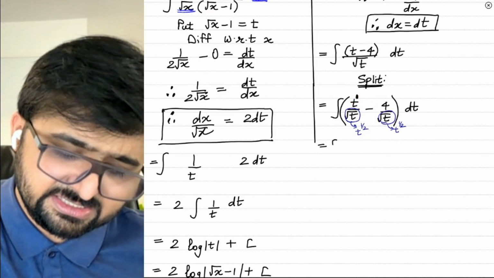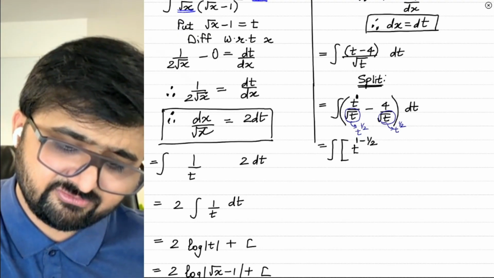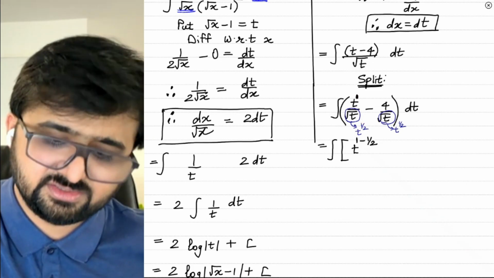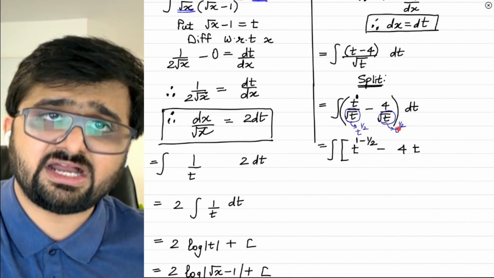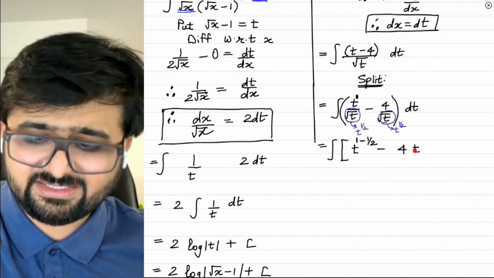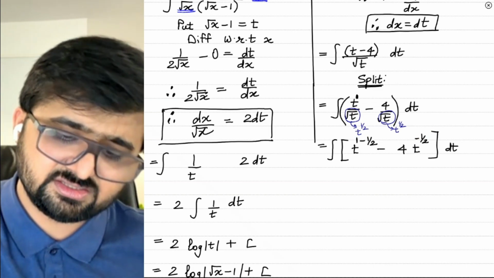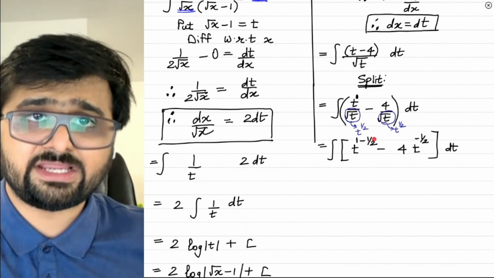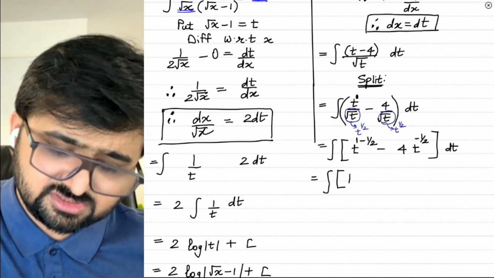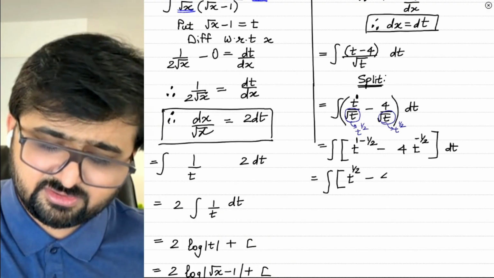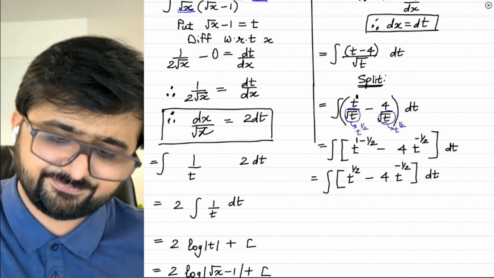So we get integral of t to the power 1 minus half, minus 4 times t to the power half in the denominator. If I take it in the numerator, that will become t to the power minus half, and dt. And 1 minus half is again half. So we have integral of t to the power half minus 4 t to the power minus half dt.